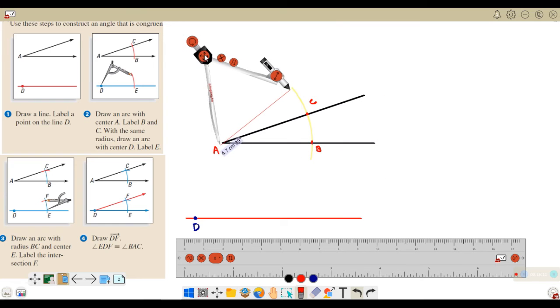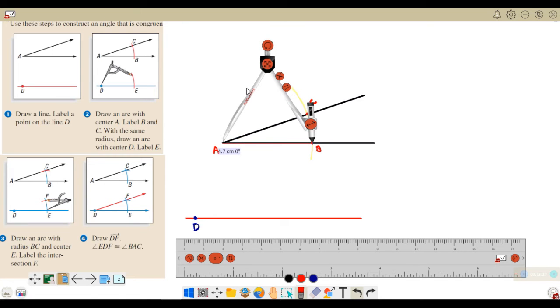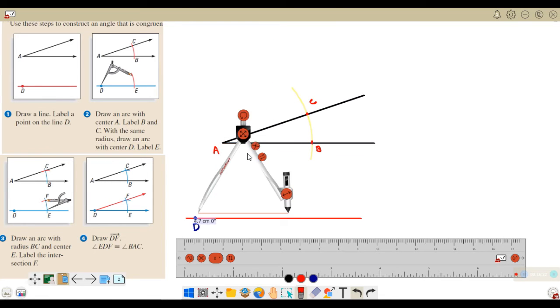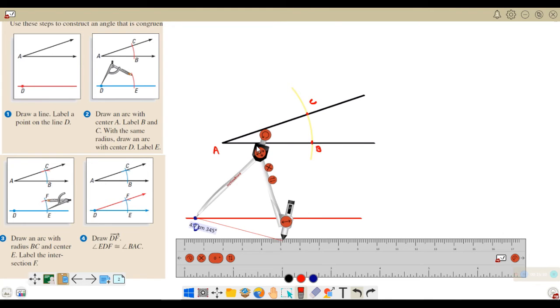And then, without adjusting your compass, parehas pa rin siya ng distance, ipa-plot nyo siya ngayon from the vertex D, tapos magdodraw ka rin ng curve. Or magdodraw ka rin ng arc. So, drawing tayo ng arc.